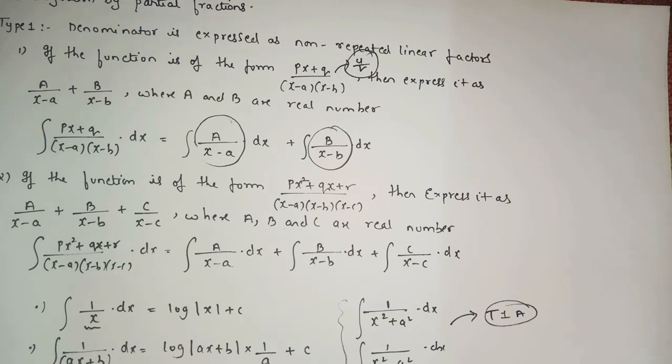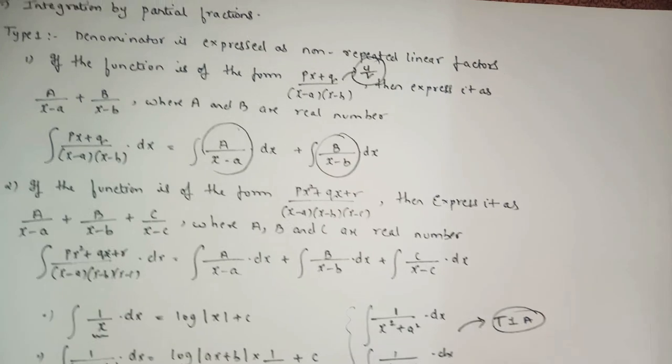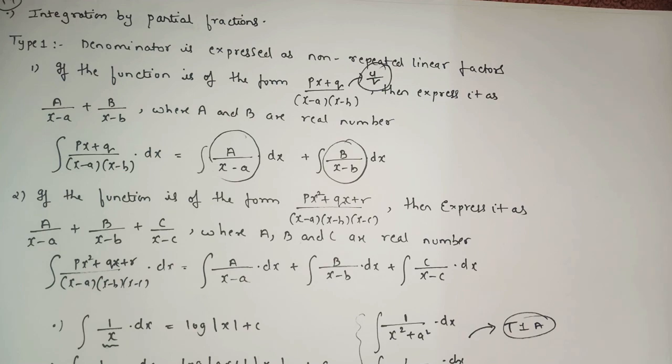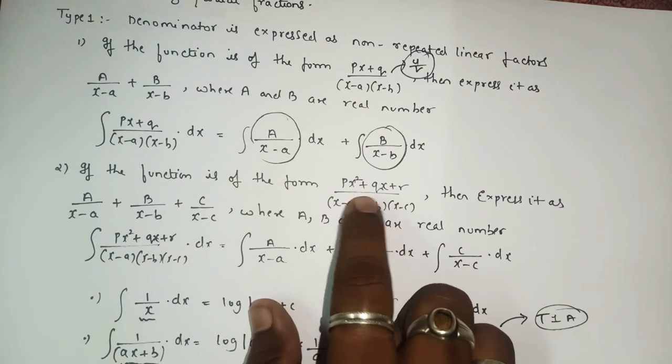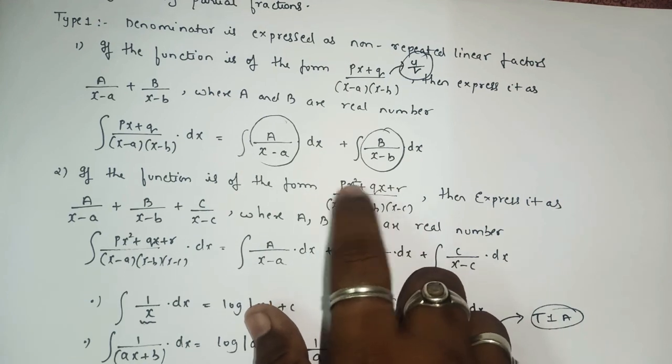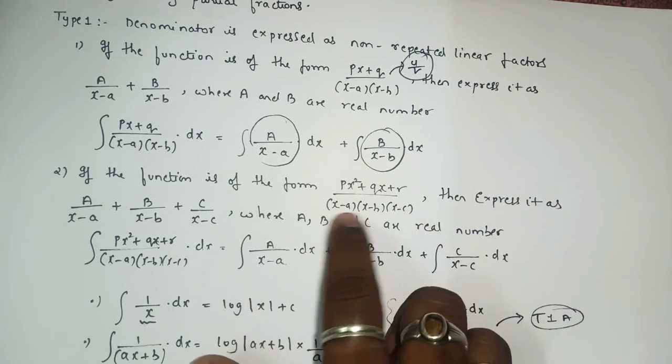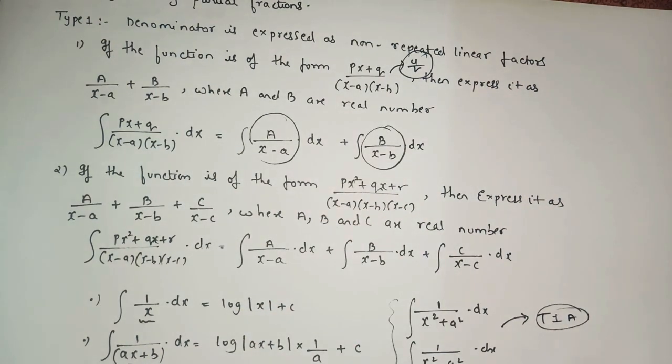Got the point? Understood? So now we'll take one sum based on this, where the numerator is a quadratic and in the denominator you will see three different non-repeated linear factors.